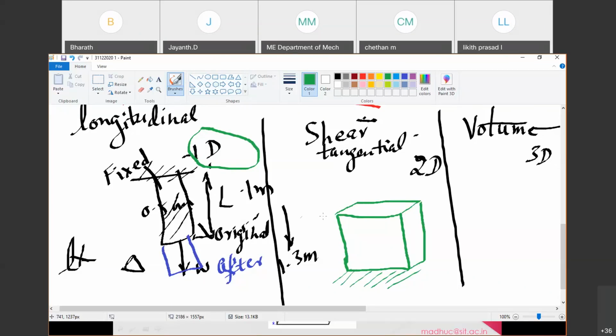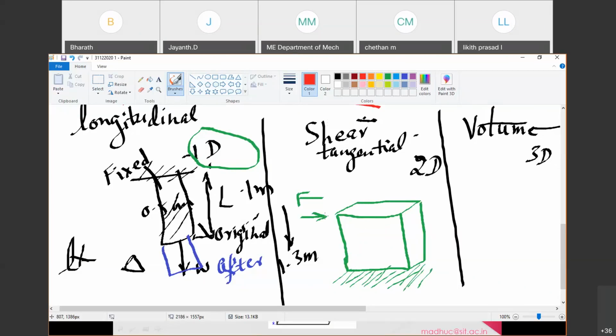So this is my force. You are trying to push one of the layers, but the bottom layer will not move because it is already fixed. I am saying rubber because it is easy to visualize, but it can also be some metal. It need not always be rubber.